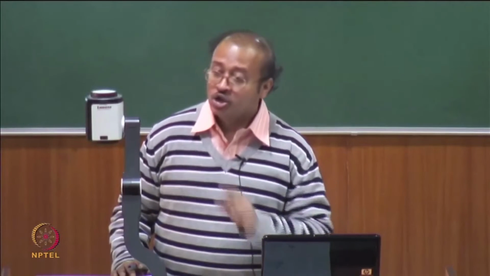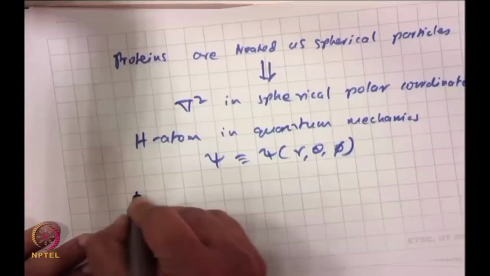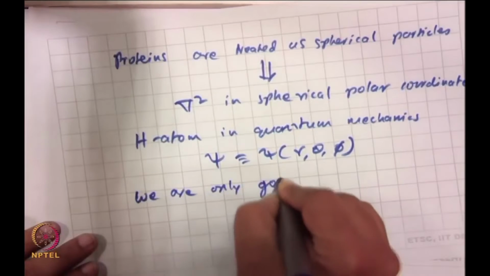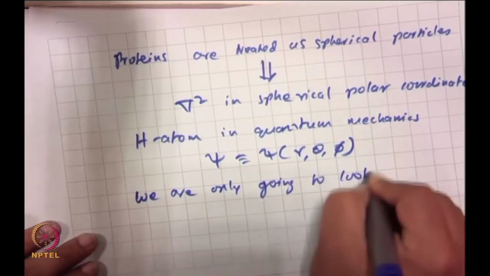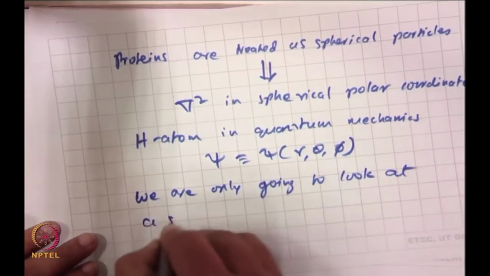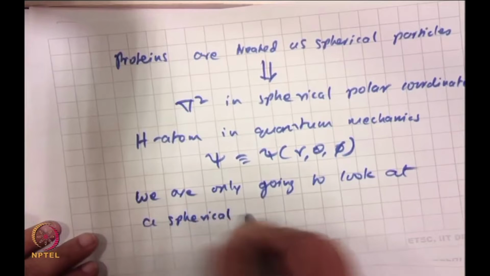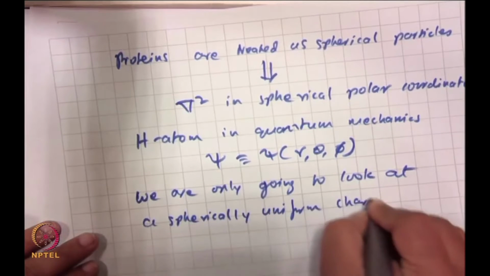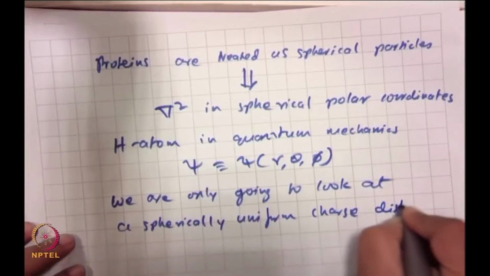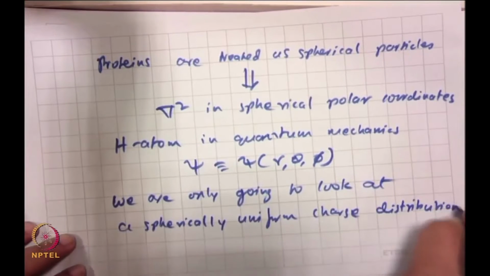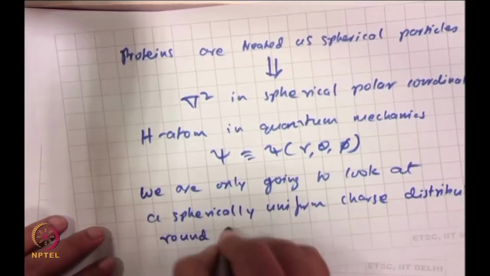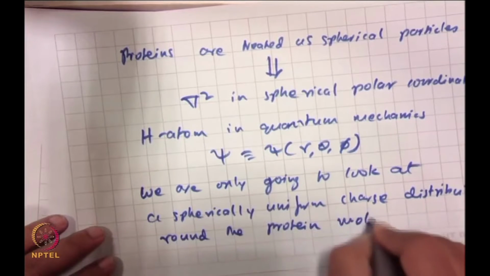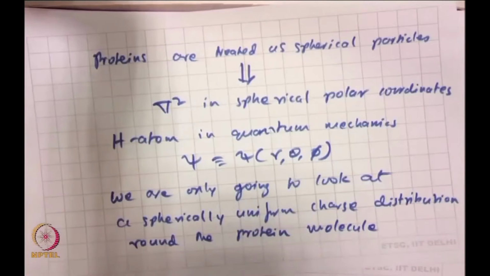So, what we are going to do is, here we are only going to look at a spherically uniform charge distribution around the protein molecule. What does this mean?